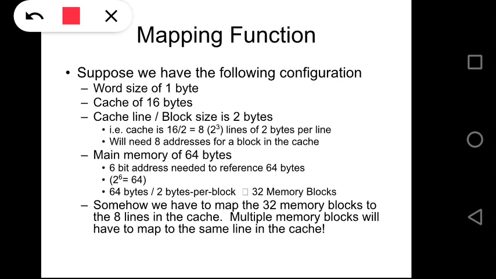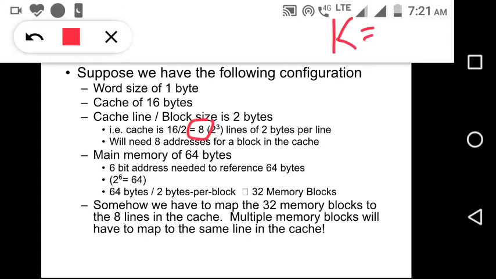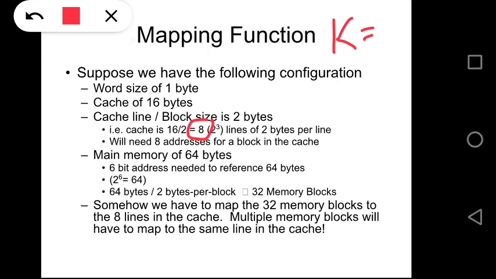Next, the cache contains 8 blocks. What is the value of k? 2 bytes, the block size. Cache size is 16 bytes. How many blocks does it contain? 8 blocks.